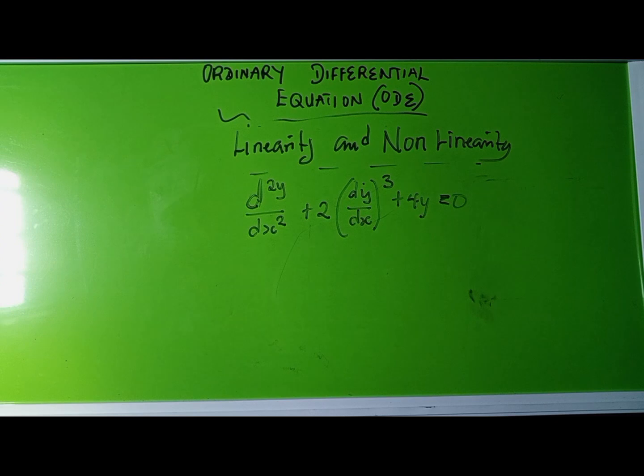There is no product of dependent variable and derivative in our equation, so that condition is obeyed. The second one is that every dependent variable and every derivative involved occurs in the first degree only. Let's take the second condition very well.